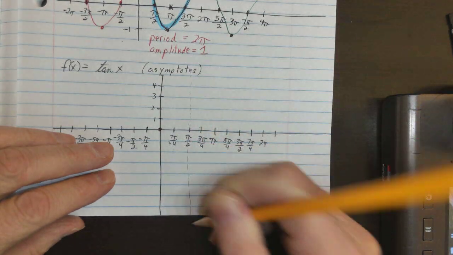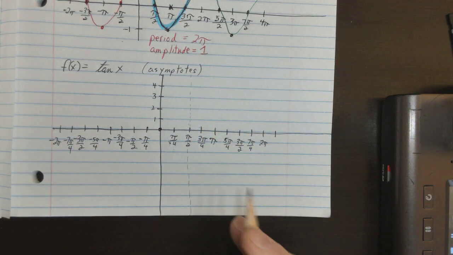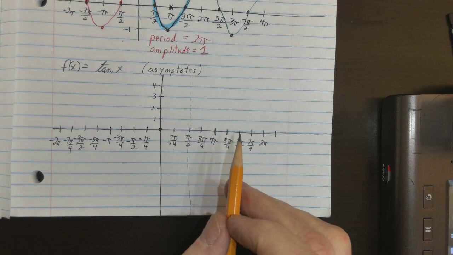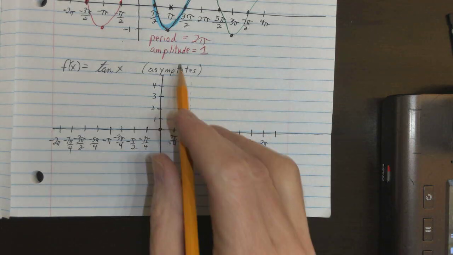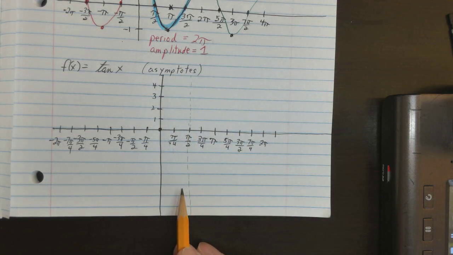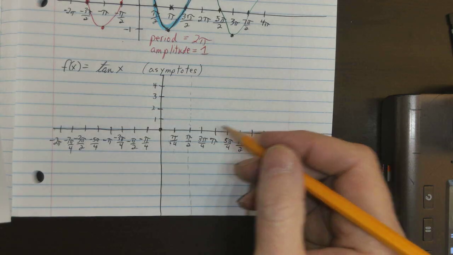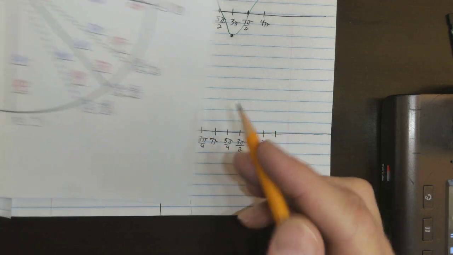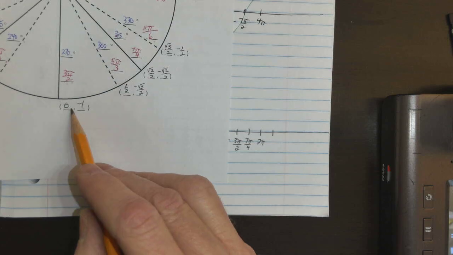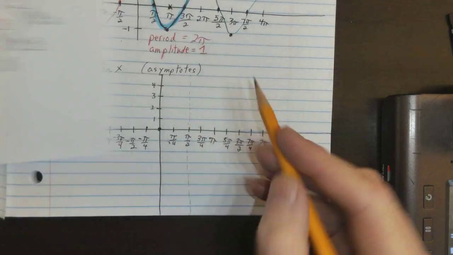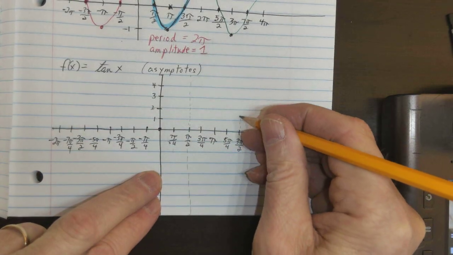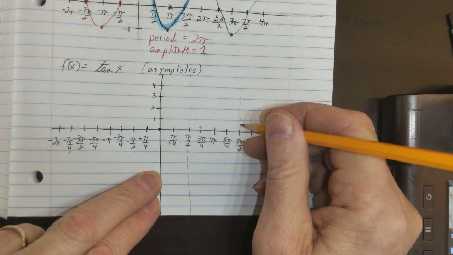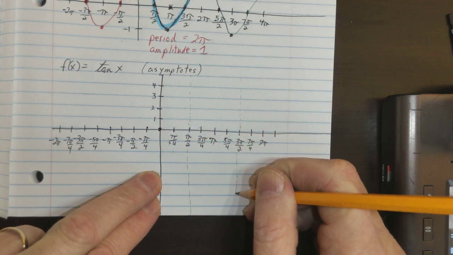At pi over 2, we're not going to hit the graph. That happens again at 3 pi over 2. That's negative 1 divided by 0. We're not going to hit the graph here.